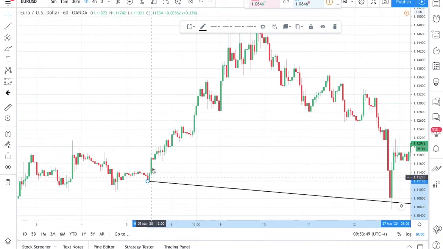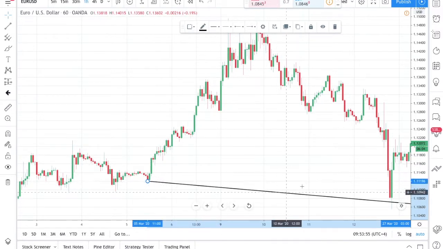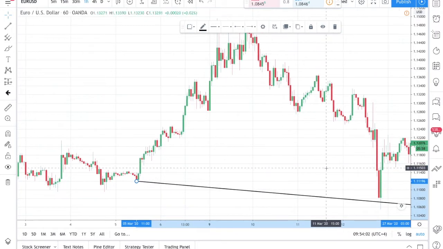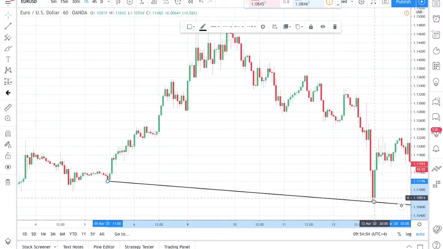So it hits and it comes up, and the market goes up. So we wait for the market to come down and hit our support trend line again. Look at here what happened again. It hits our support line and it came up.